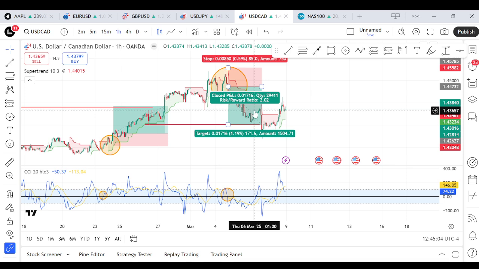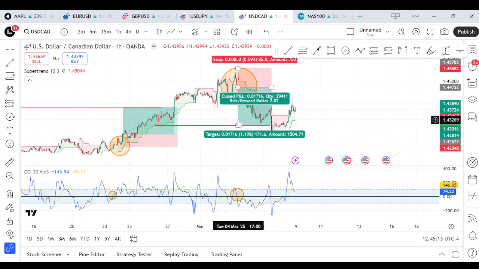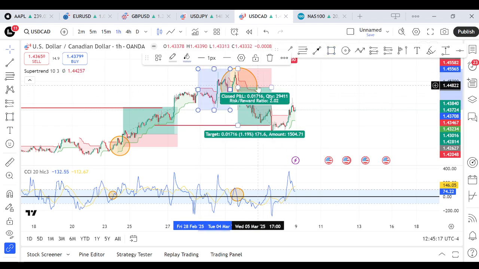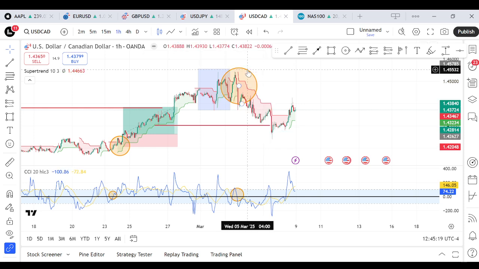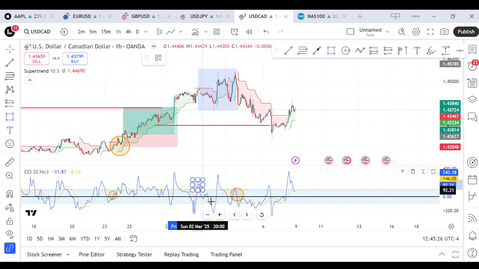This strategy works best in trending markets where price action aligns with both indicators. Avoid using it in highly volatile or sideways markets. For example, you can see this minor volatility that occurred right here, and we can see it reflected on the CCI.